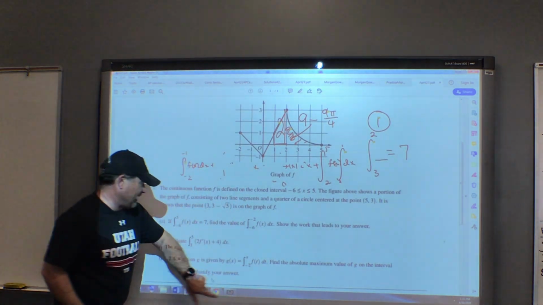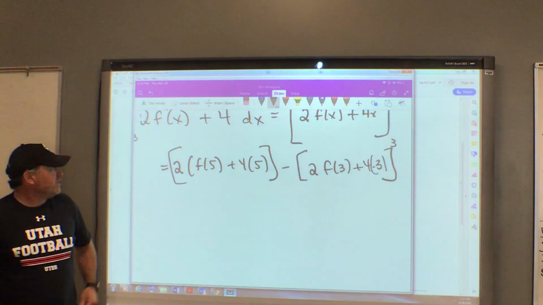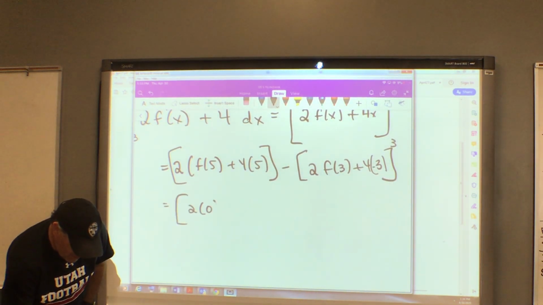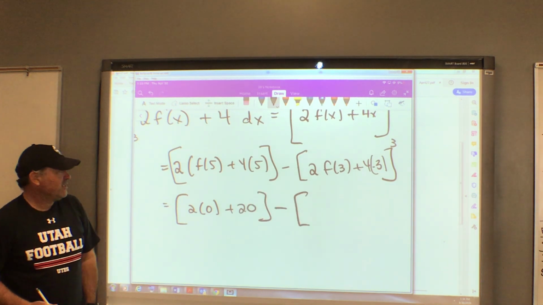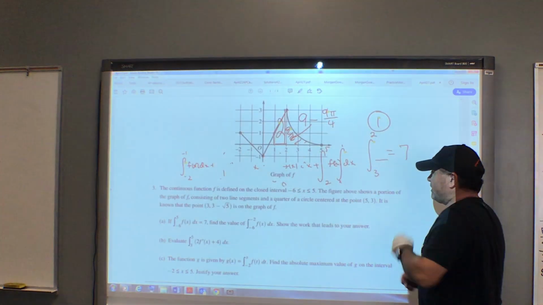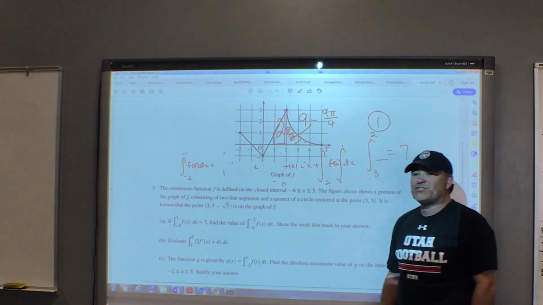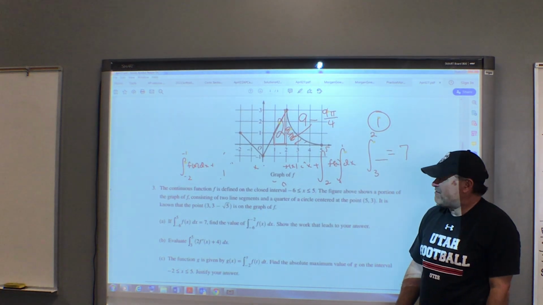So f of 5 is 0, so this is now 2 times 0 plus 20 minus f of 3. Well, now there's where this comes into play, that at 3, the value is 3 minus root 5. So that means f of 3 is 3 minus root 5.